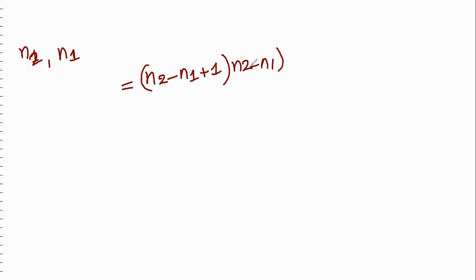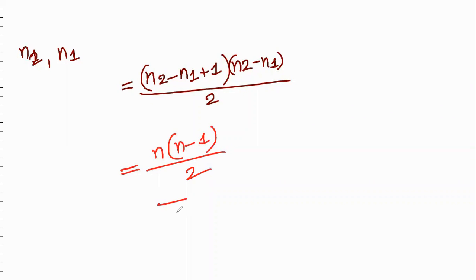When the electron jumps from any of the higher orbits n2 to the lower orbit n1, the number of spectral lines will be equal to (n2 minus n1 plus 1) into (n2 minus n1) divided by 2. If the transitions are from any of the higher orbits to the ground state, the number of spectral lines emitted is n into (n minus 1) divided by 2.